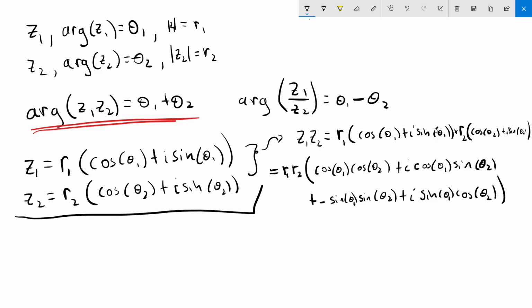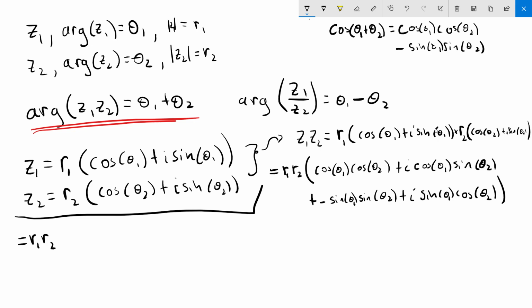Well, let's continue simplifying. So we have r1, r2 up front. This cosine theta 1 times cosine of theta 2 minus sine of theta 1, sine of theta 2 is the definition of the expansion for cosine of two angles being added. So if we had cosine of theta 1 plus theta 2, this is cosine of theta 1, cosine of theta 2, minus sine of theta 1, sine of theta 2.